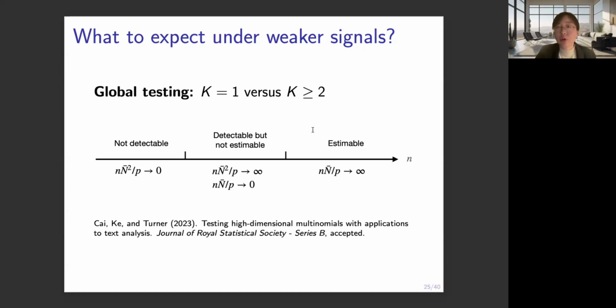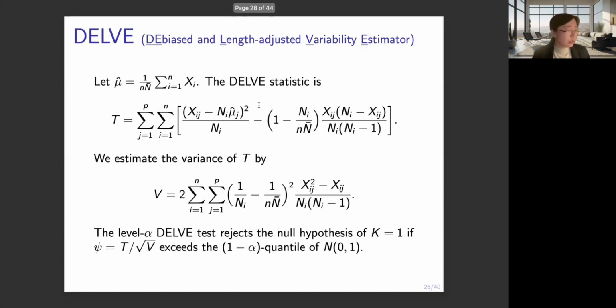Now I'm going to show you how I will do this global testing problem. And later in the real data analysis, I will show you that they can also be used in the real data. And due to the time constraint, I will keep this part really brief. Okay. So we propose the DELF statistic.